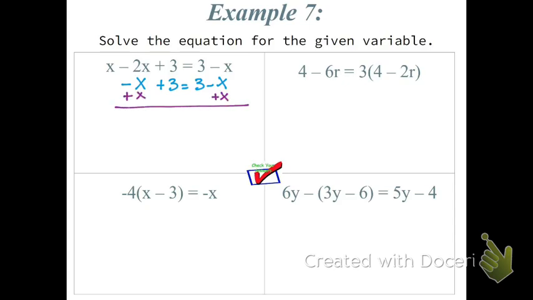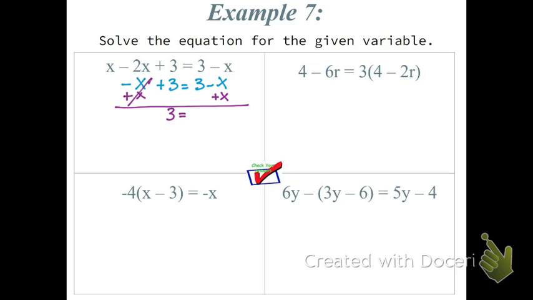And something interesting is going to happen here, because the opposite of x plus x, using our addition property of equality, negative 1 plus 1 is 0, so that's our additive inverse. And then that's just going to give us a 3 on the left-hand side of the equal sign, because 0 plus 3 is 3. So we're using our additive inverse and our additive identity.